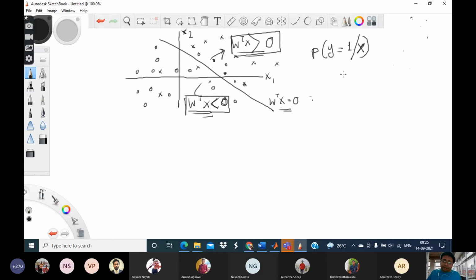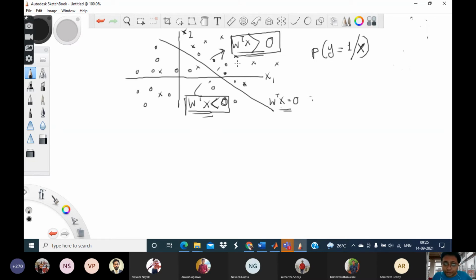I also know that for points which are close to this line but on this side this probability is relatively high, and as I go further and further, I'm sorry, I said the reverse thing.